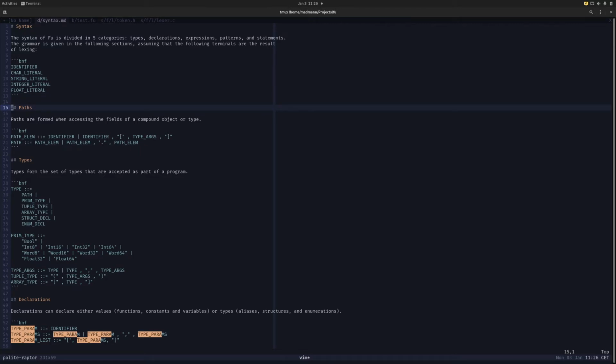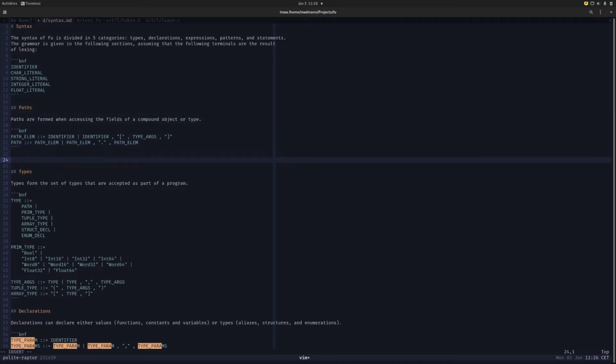So first of all, there's a path. A path is a sequence of identifiers with optional type arguments, with a dot to separate these things. So it could be something like A.B.C. And in between, I may have something like this with I32, for instance.